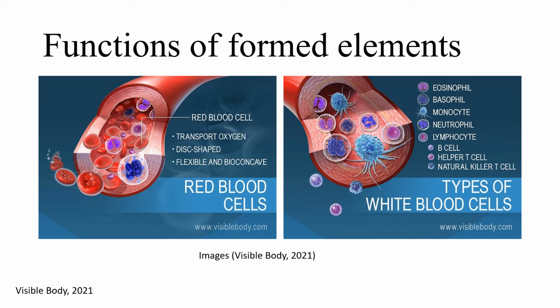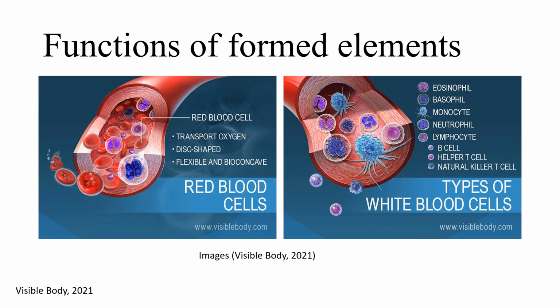Okay, the function of the formed elements, we touched on that a few slides back. The function of red blood cells, which is the picture on the left, is to transport oxygen. The picture on the right shows white blood cells, and their function is to fight, again, for the body's immune system.